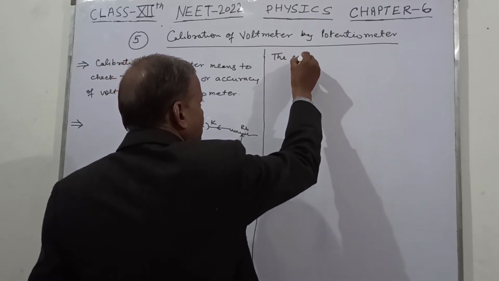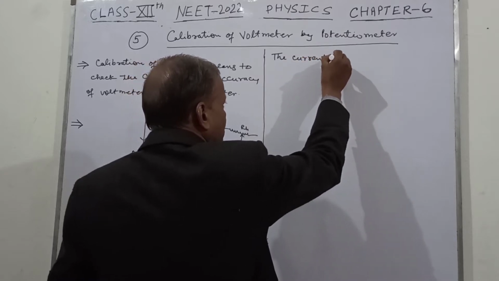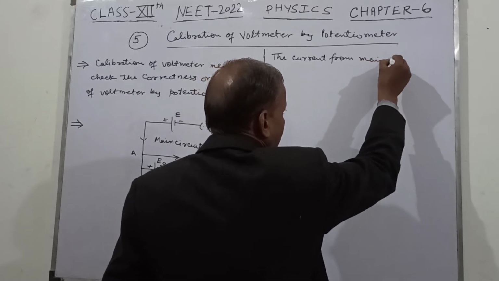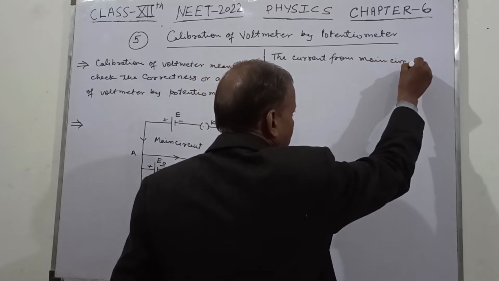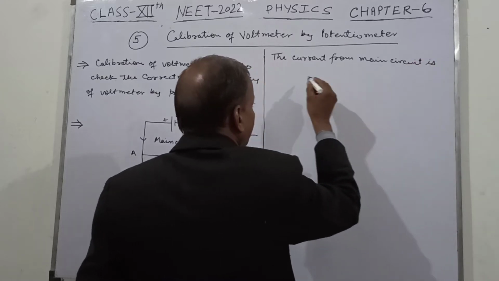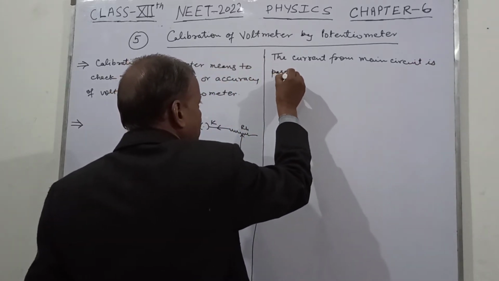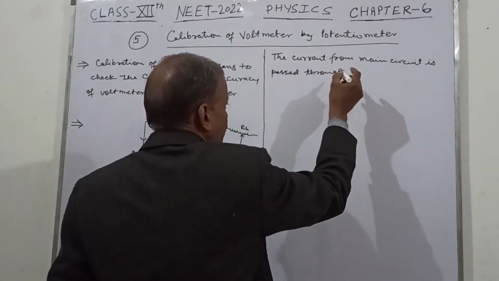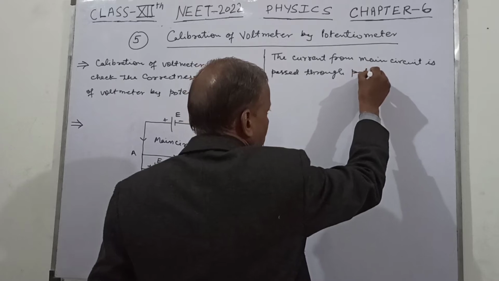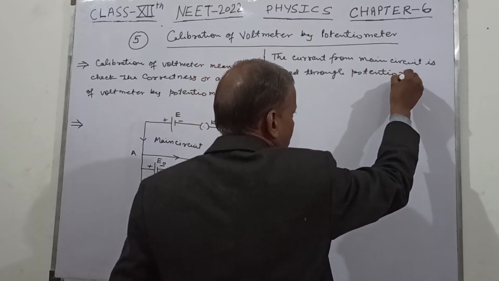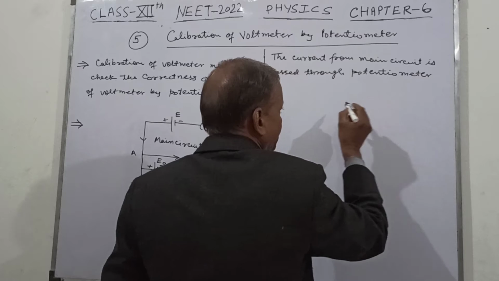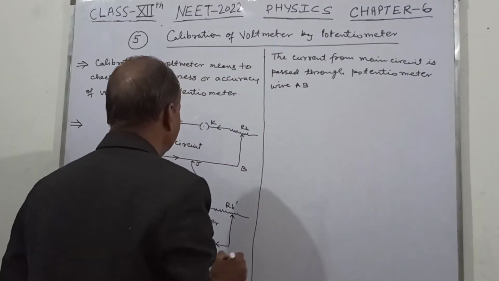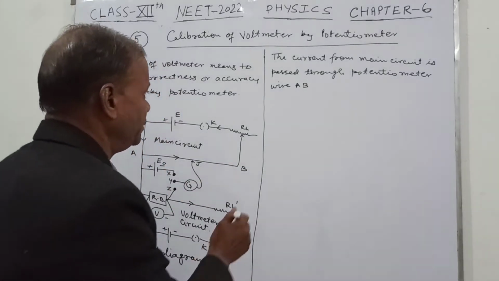The current from the main circuit is passed through the potentiometer wire AB.